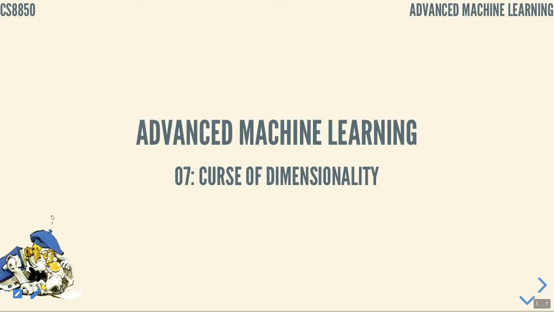Hi, this is lecture number 7, and it is kind of short, but it's kind of narrow in the scope. We'll talk only about one problem that's called curse of dimensionality, but in general, we just will talk about high dimensional spaces.